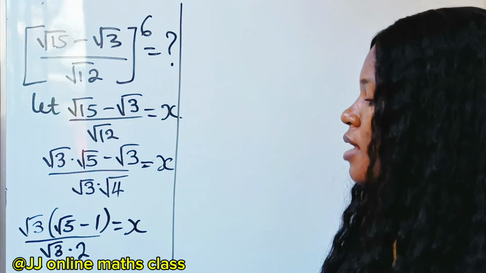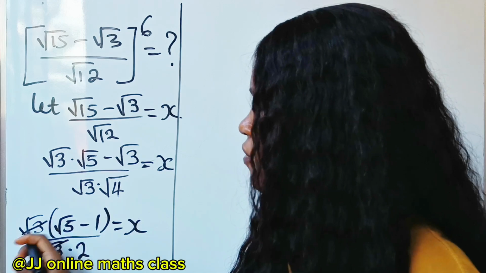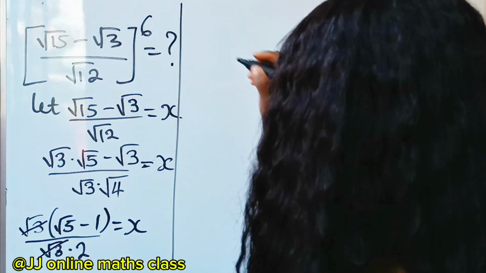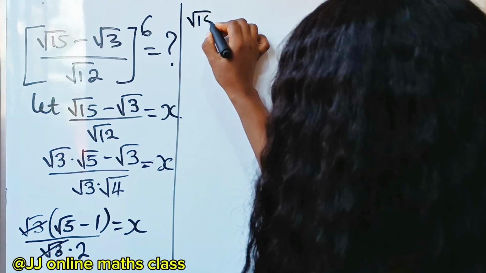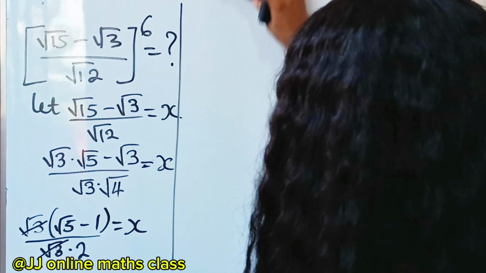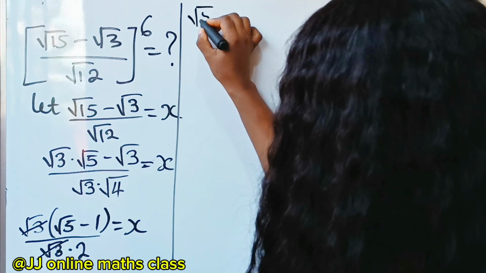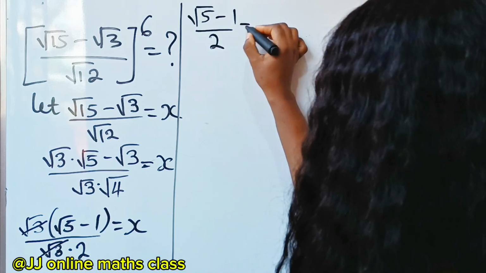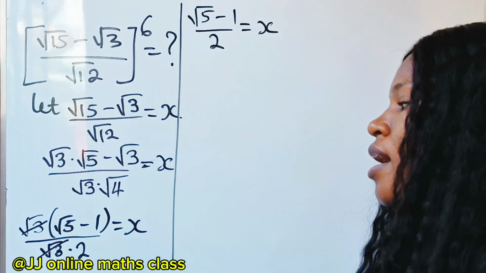Now we have root 3 here and root 3 here, so they can cancel each other. That means what we have left is the square root of 5 minus 1, divided by 2, is equal to x.